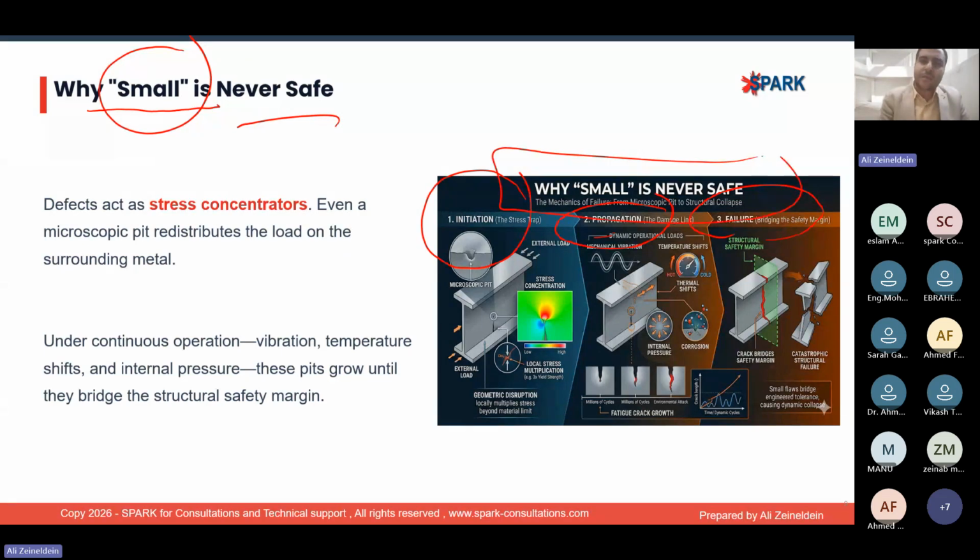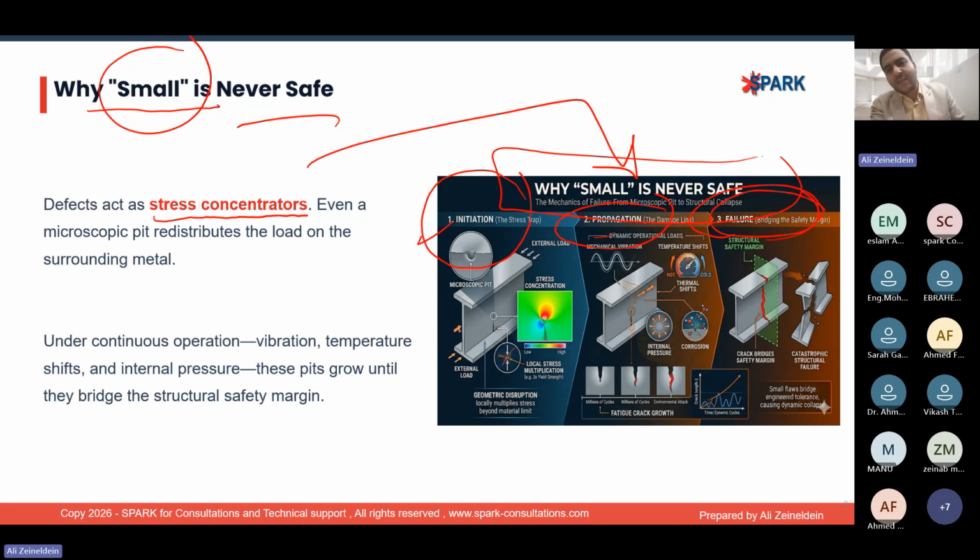Why is it never safe? Because nowadays this is the initiation, the startup of these defects, and we can continue working without any attention. But unfortunately, after that it becomes a stress concentration. This concentration means propagation, as we explained here. Then failure could appear.